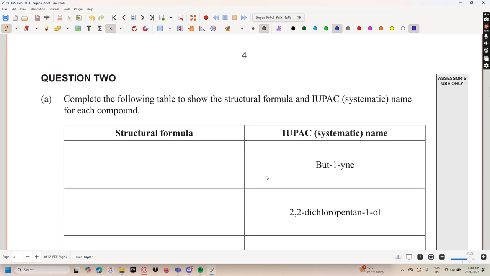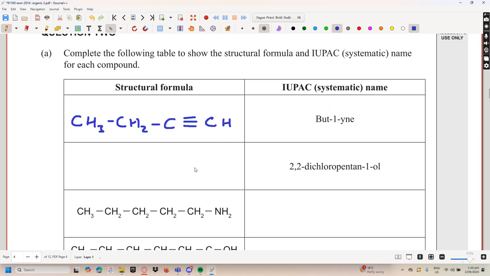Complete the following table to show the structural formula and systematic name. Okay, but-1-yne. An yne will have a triple bond, so it should look something like that. Remember, but is code for 4 carbons, and 1 means the triple bond must be connected to the first carbon. Then 2,2-dichloropentan-1-ol.